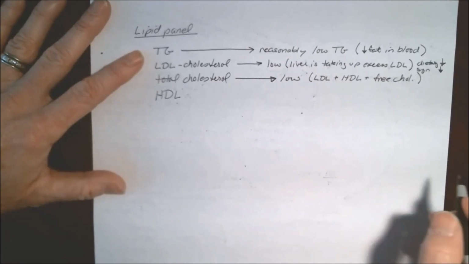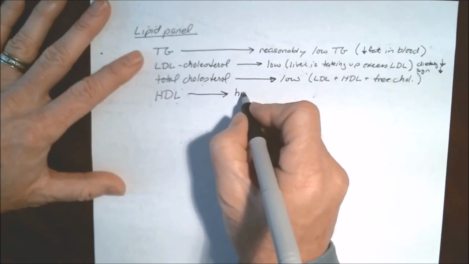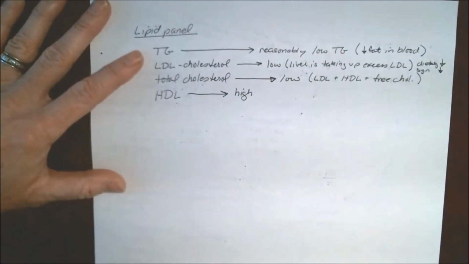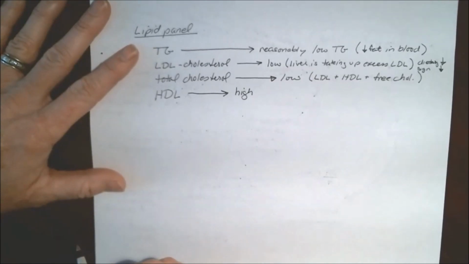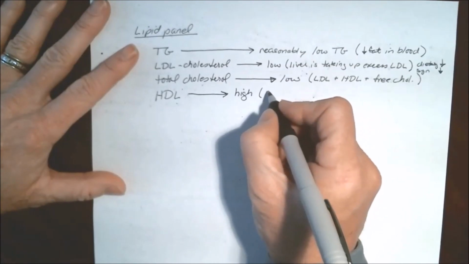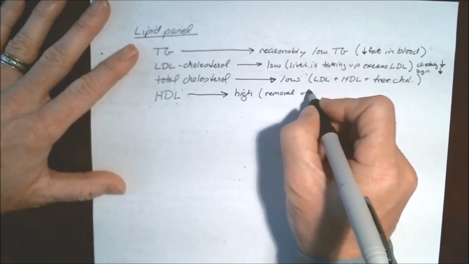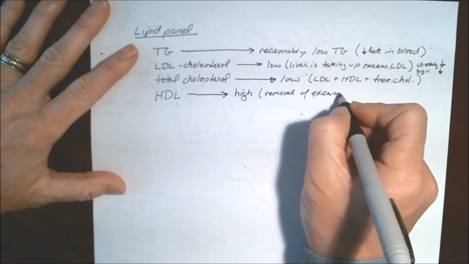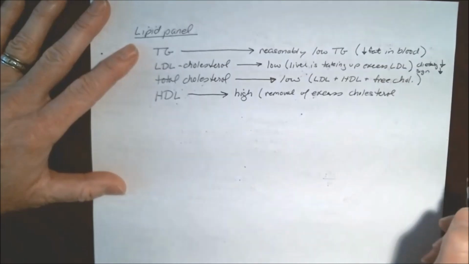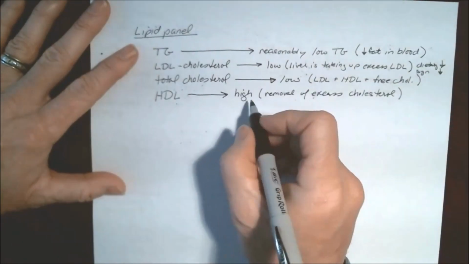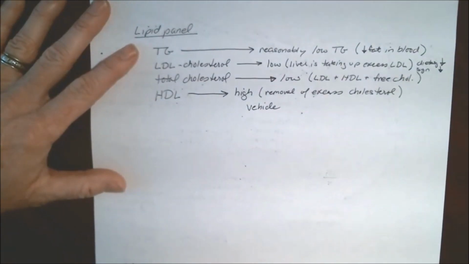which means that you are maintaining a proper cholesterol balance in your body. Now in your lipid panel, the HDL should be high. And what does high mean? As high as you possibly can get it, because this is going to be involved in removal of excess cholesterol. This is the vehicle to remove cholesterol.